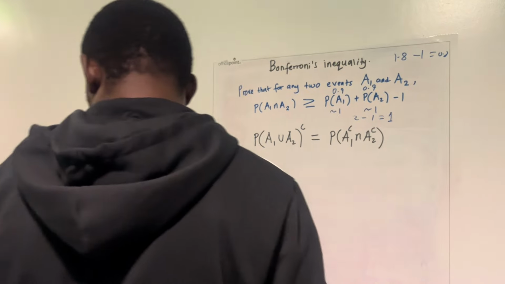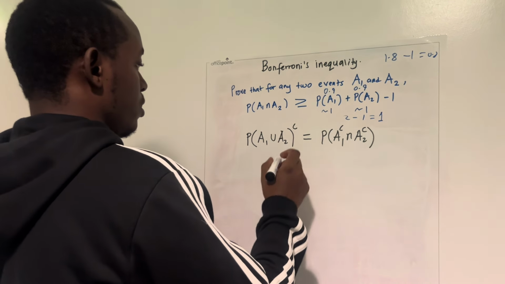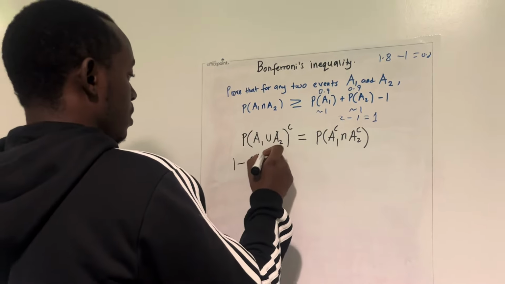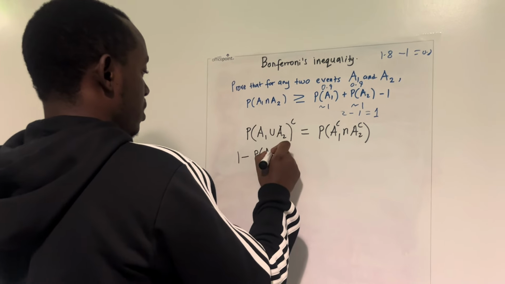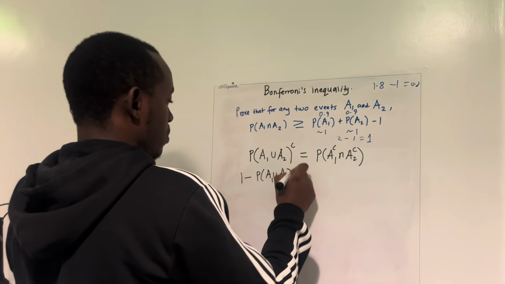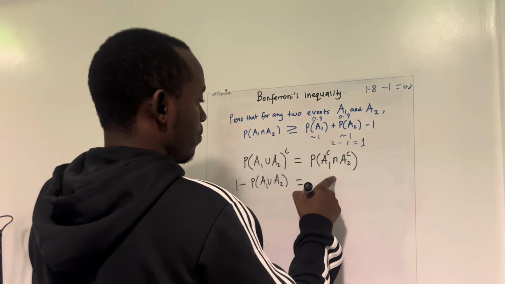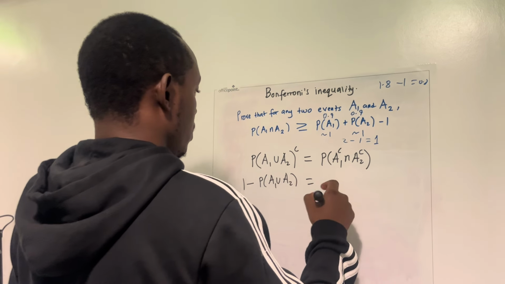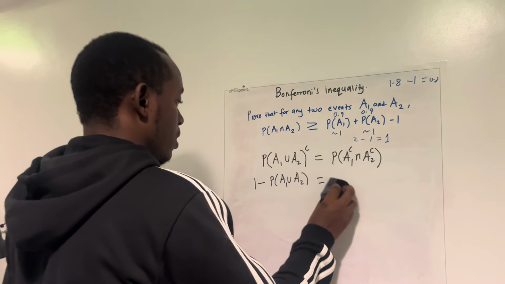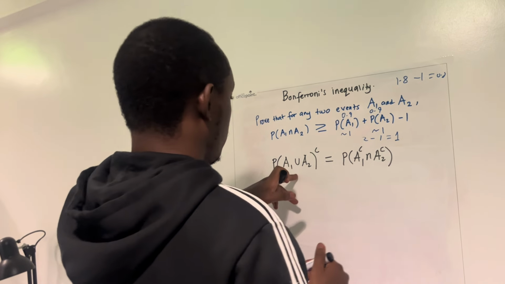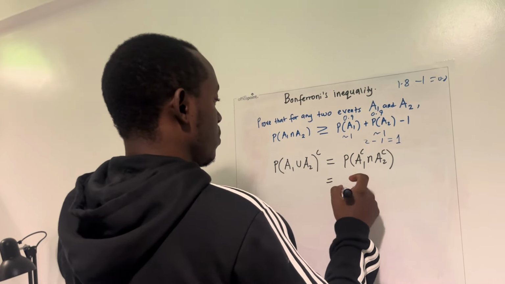So from there, we're going to show that this one here is the same as 1 minus the probability of A1 union A2. Okay, no, actually we're not going to use that.